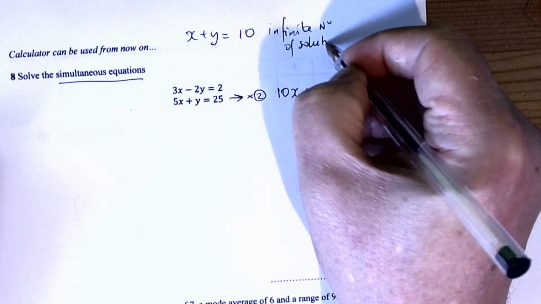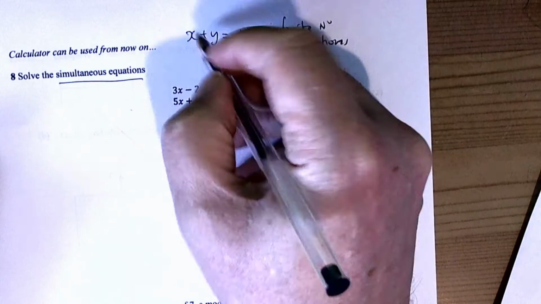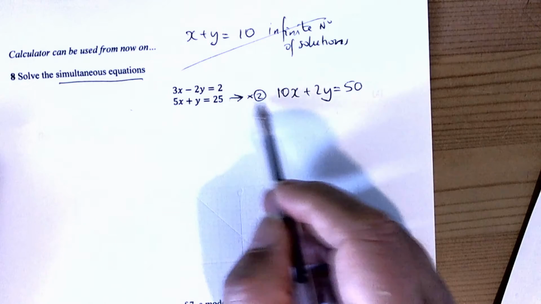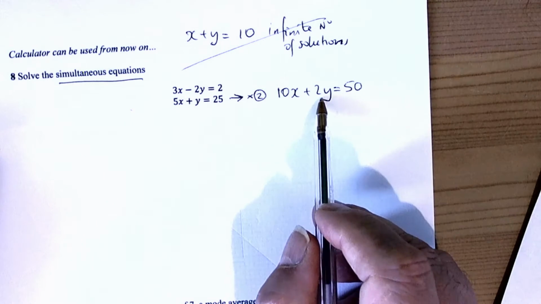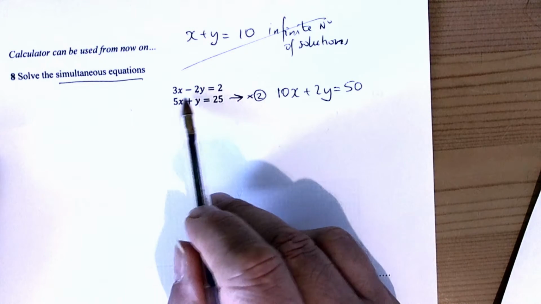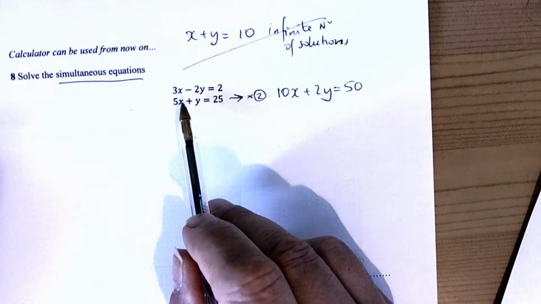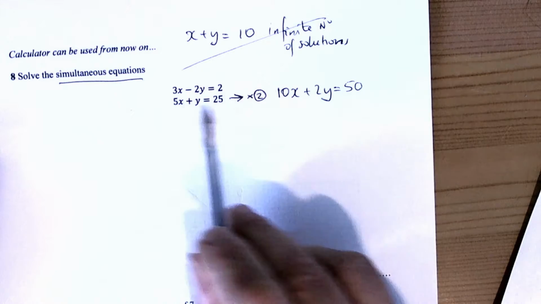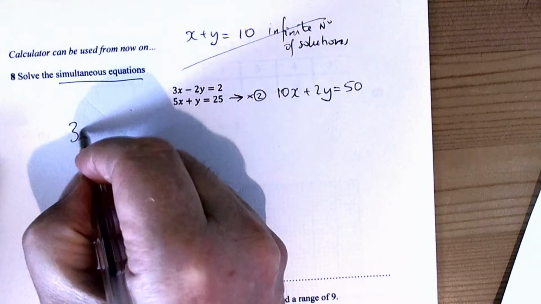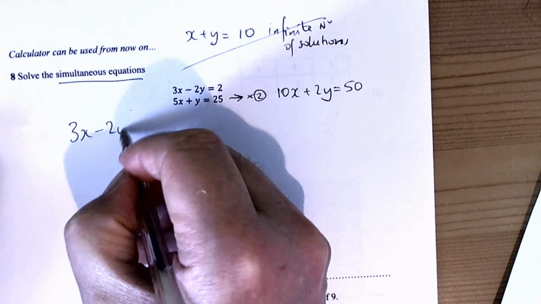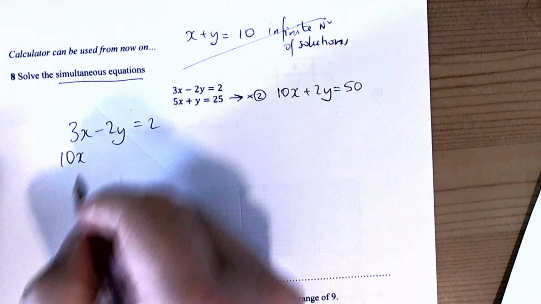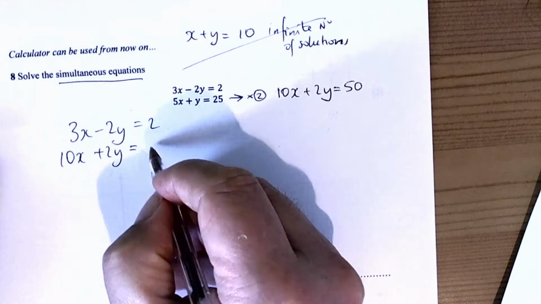So that doesn't help us. So we need two equations to work with this kind of problem so that we can eliminate one of the letters to fix the value of one, and then we can use that fixed value of one letter to then fix the value of the second letter. So we've got two equations then. So let's have a look what they look like together. 3x take away 2y equals 2, and then we've got 10x plus 2y equals 50.